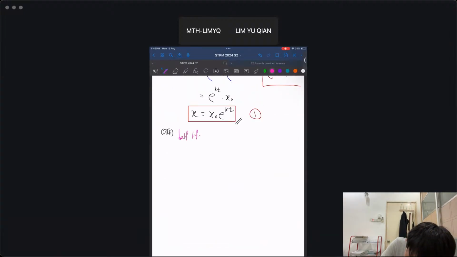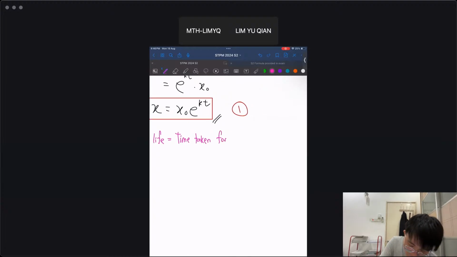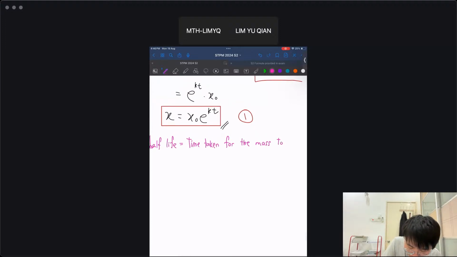Half-life is the time taken for the mass, in this case, the mass, to become, or you say to drop, to become half of its original value.